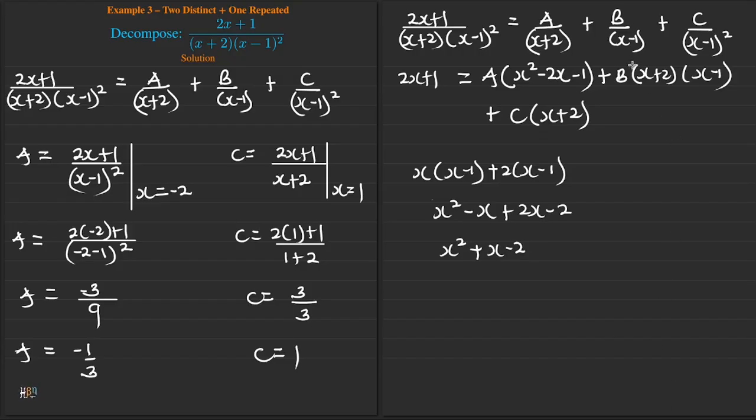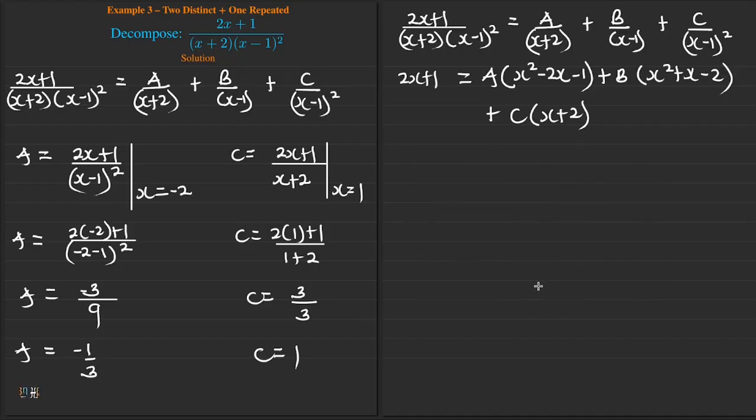So instead of all these we have here, I'm just going to substitute that into bracket x squared plus x minus 2. Now, the only thing we need to do here is to get an equation in terms of b so that we can solve for b.